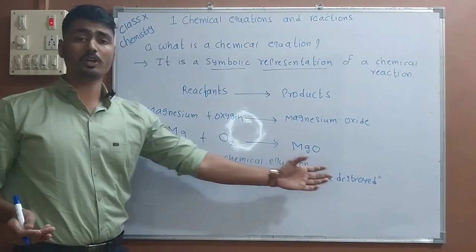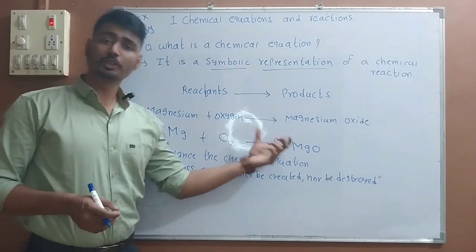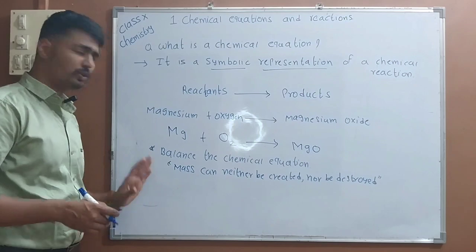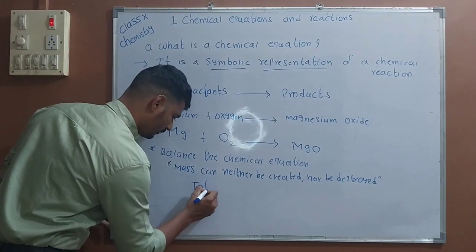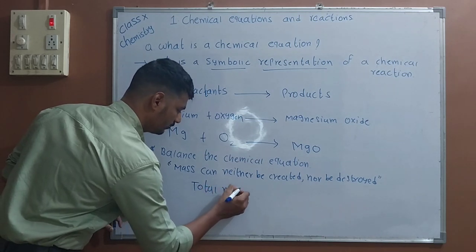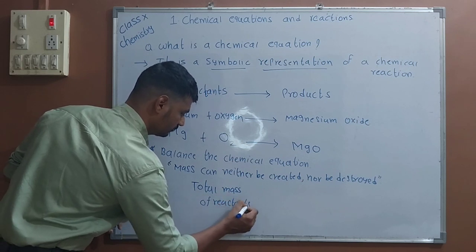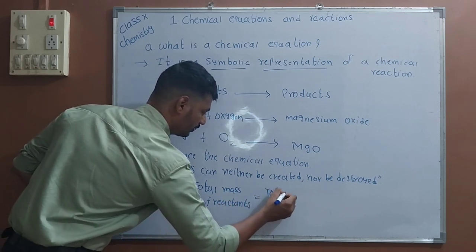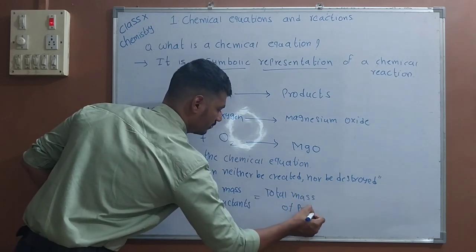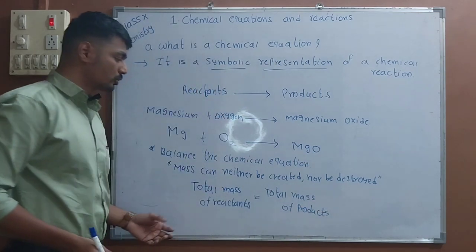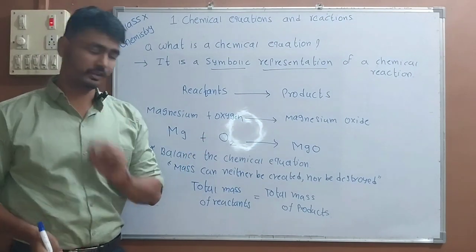It means that simply the total mass of reactants should be equal to the total mass of products. So how can we manage that? Now let's see how we will balance this chemical equation.